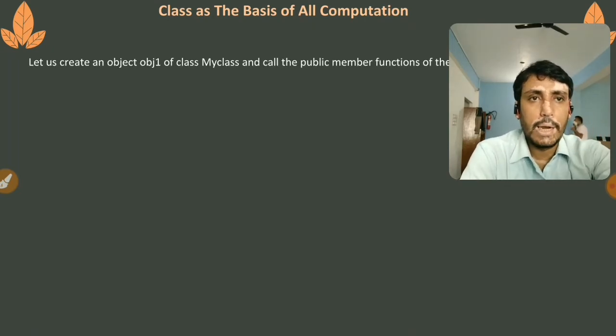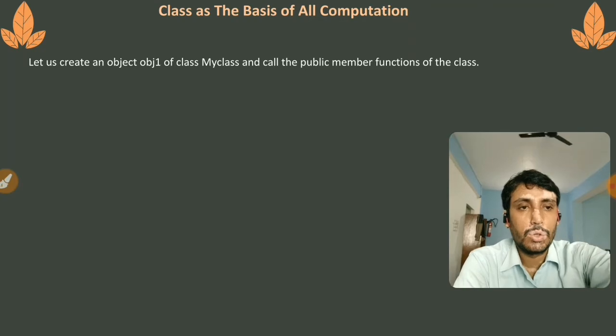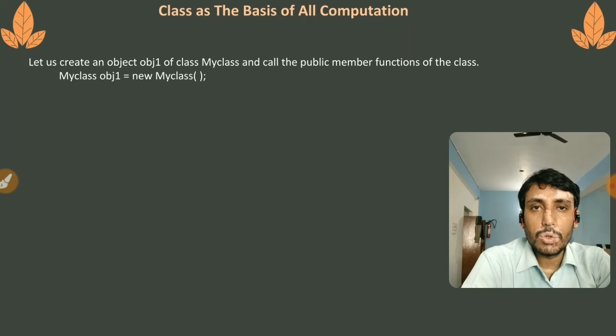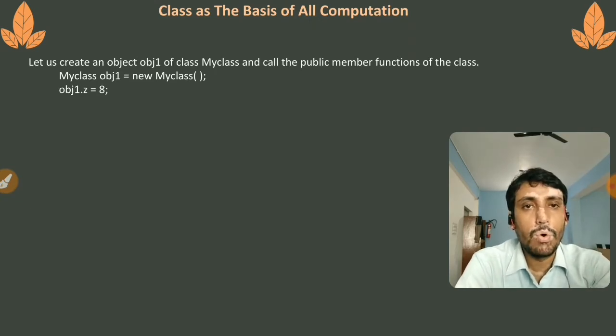Let us create an object obj1 of class MyClass and call the public member of the class. How can it be done? So my class is the name of the class and obj1 is the object of that class, and the memory allocation can be done with the help of the new keyword and the name of the class, so new MyClass with parentheses.